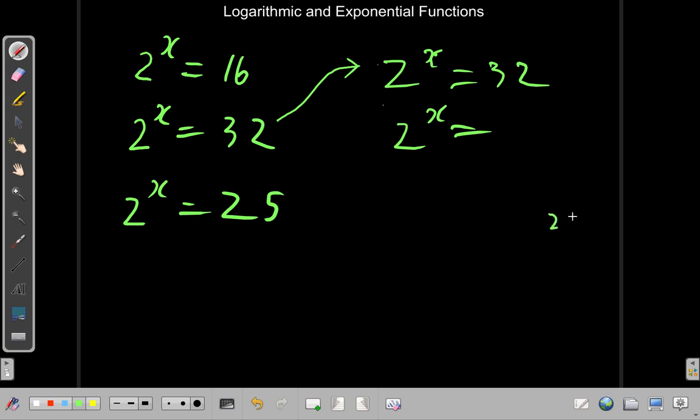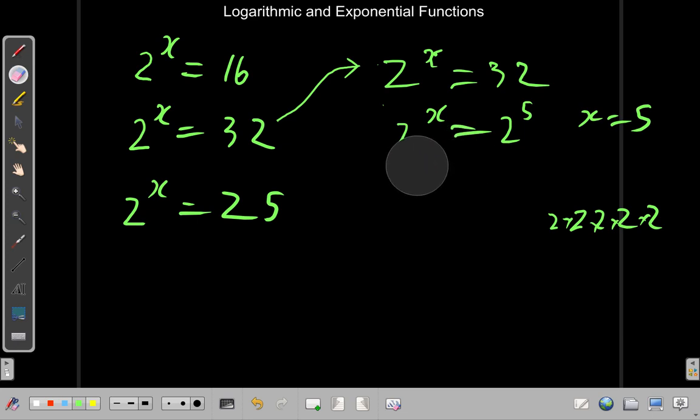I know you can raise 2 to a whole number power to get 32. 2 2s 4, 4 2s 8, 8 2s 16, 16 2s 32. If you have 5 2s written down and you multiply each other, you get 32. So it's 2 to the 5 that gives you 32. So therefore, x would be equal to 5.